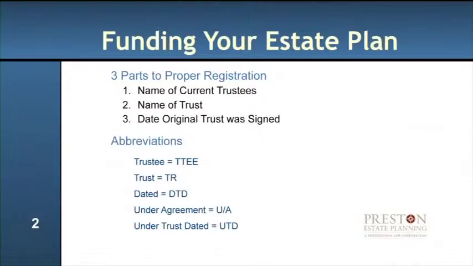And the last one that's most common is UTD, under trust dated. So you have the name of the trust, and then you'll have UTD. Or sometimes they'll have your name, and then TEE, trustee, and then UTD, and then the date of the document. So if you see abbreviations on that, don't be concerned about it. That's not a problem. It's just the bank consolidating and trying to get the information on there.